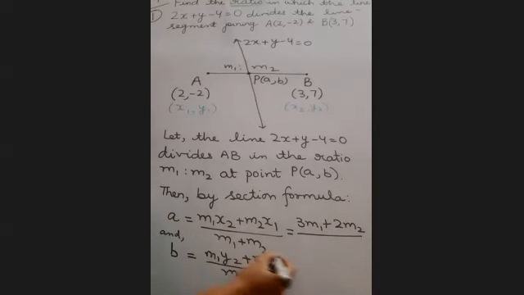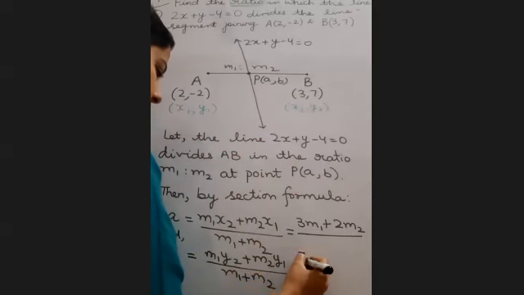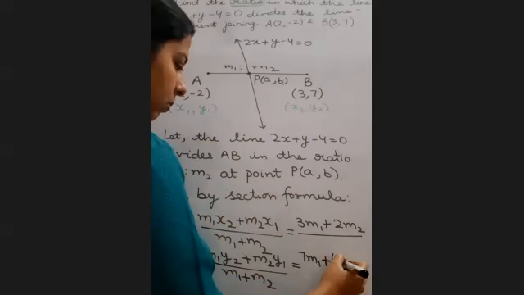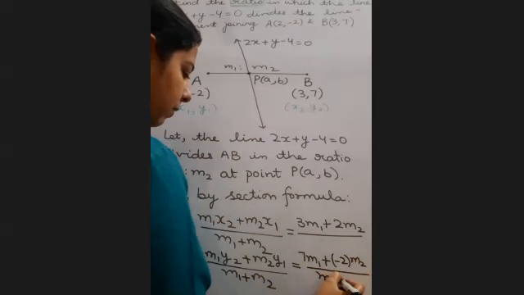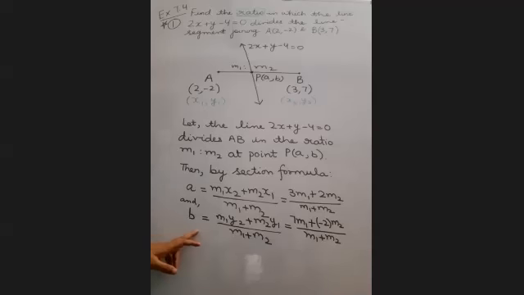Let us again put the values now. y2 is 7, so 7m1 plus (-2)m2, divided by m1 + m2. Now children, you can see we have got a and b using the section formula with respect to line segment AB.